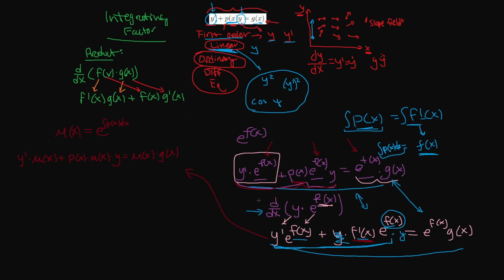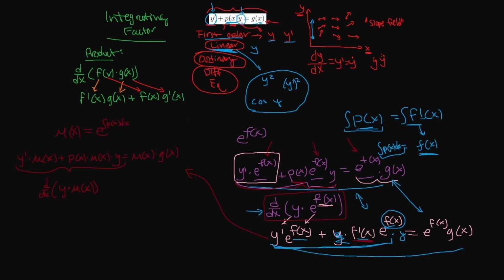But just wait, remember we have this trick up our sleeves that we just proved works. It makes the same expression in the end. And so using our new trick, we take these two expressions and we represent them with the product rule. So this is actually going to be the same as the derivative with respect to x of y times mu of x.